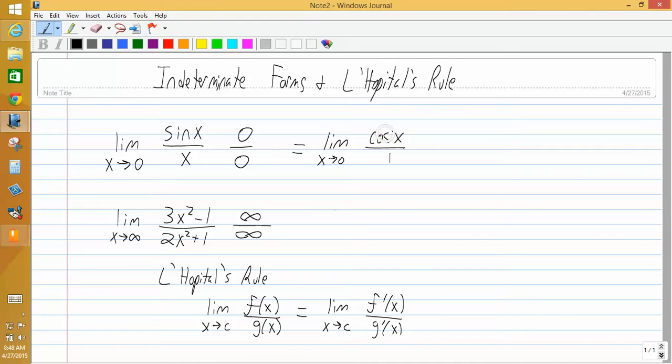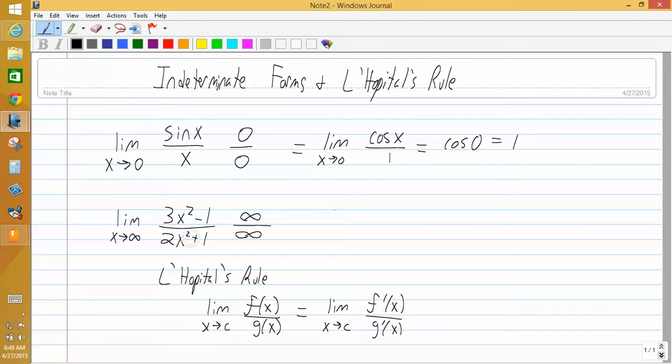Now if you let x approach 0, you get the cosine of 0, which is 1. So that's why in Calculus 1 you're told that the sine of x over x is just equal to 1. Just deal with it and remember that. Well, it's because it's in an indeterminate form, which we can apply L'Hopital's rule to and get the answer.